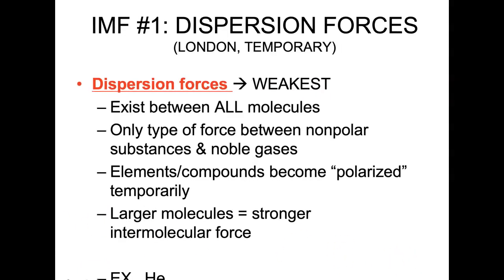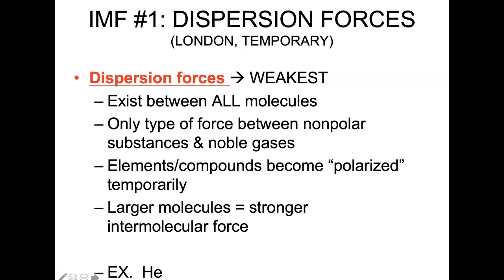So for example, if we had helium, of course it would be a gas. It's not going to stick together very well, but there is going to be a little bit of attraction between those helium atoms. That would be a London dispersion force. Now, obviously, if you look at your periodic table, you know helium is a very small atom, and because of that, it would have a very, very weak force.